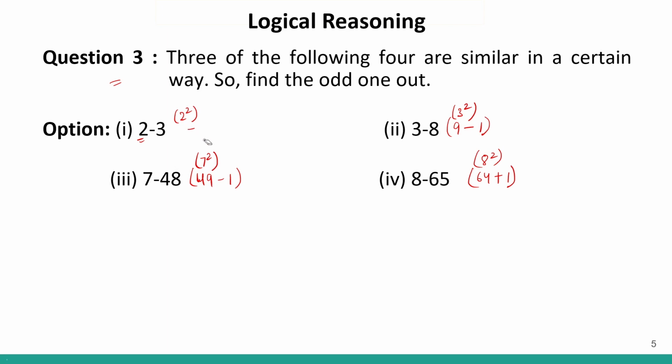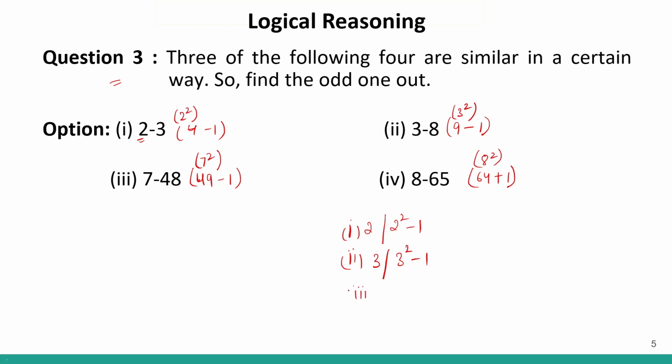So I can say, this was 4 minus 1 and this was 7 square minus 1. So in the first option, we are writing 2 square minus 1. The first number is 2 and the second number is 2 square minus 1. Correct? In the second option, the first number is 3 and the second number is 3 square minus 1.